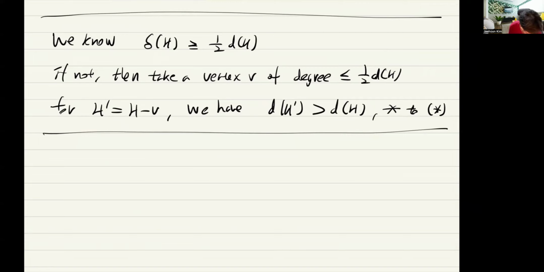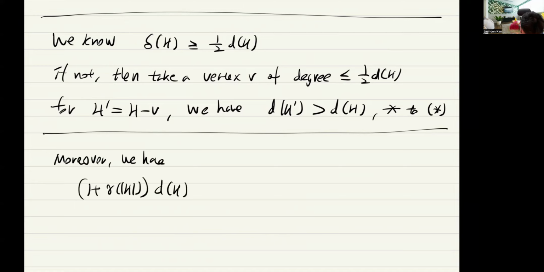Okay. And also we have to check that this has almost the same average degree as G. What do we know? We have that if the pi function on H is maximum, then it's at least the pi function of everything.